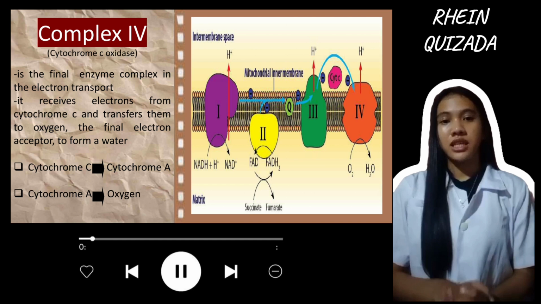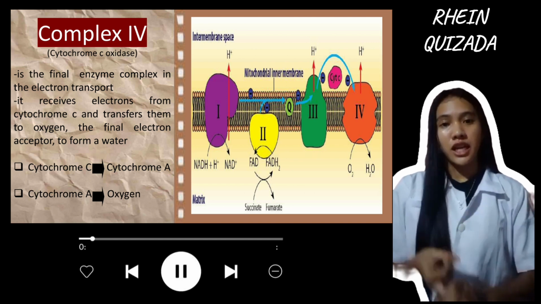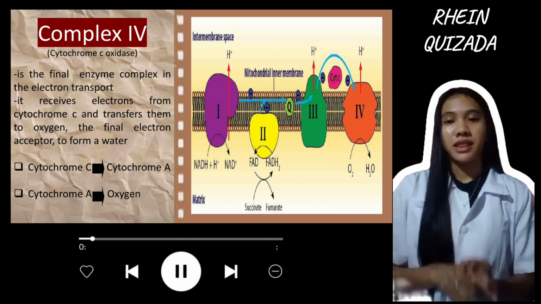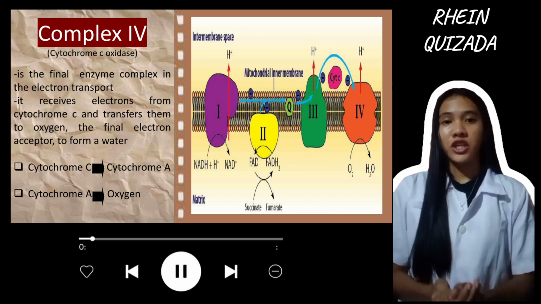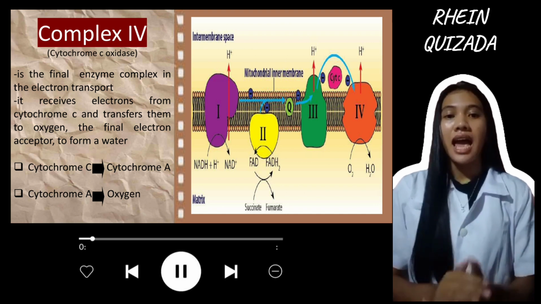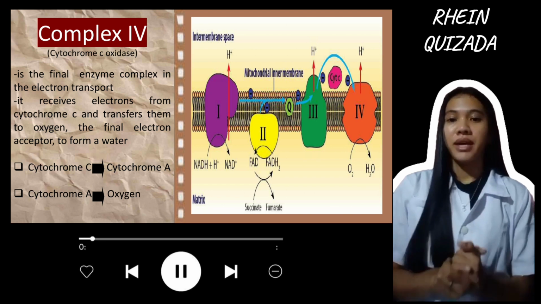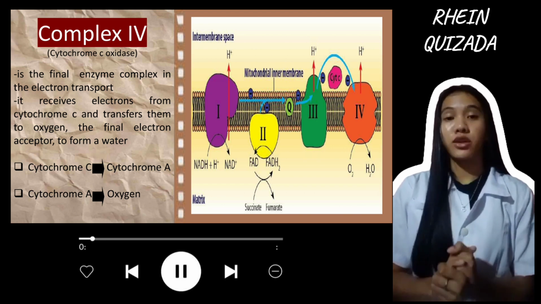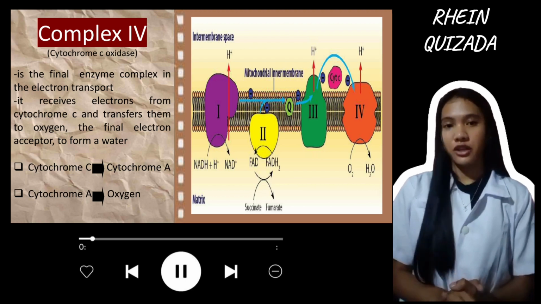Complex 4 is essential for cellular respiration, energy production, and maintaining cellular health. Its proper function ensures efficient ATP synthesis and protects cells from oxidative damage, making it a critical component of mitochondrial biology and a significant focus in medical research.